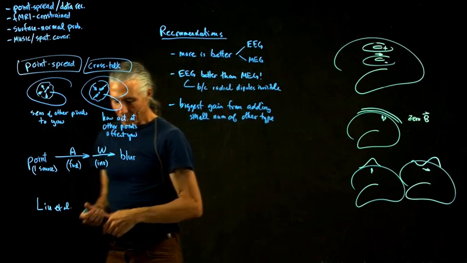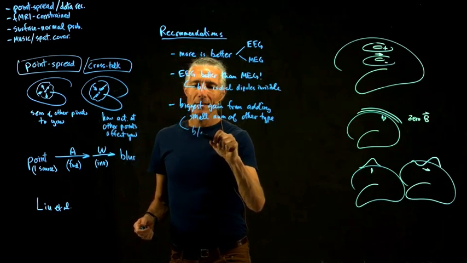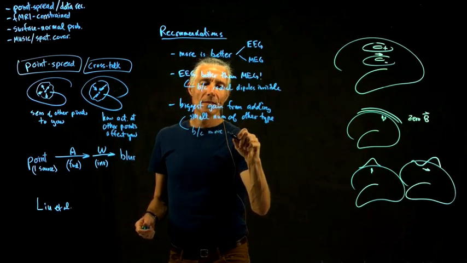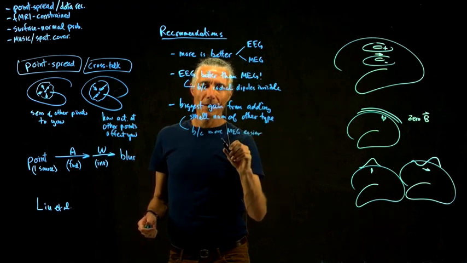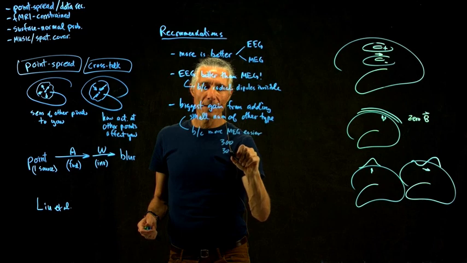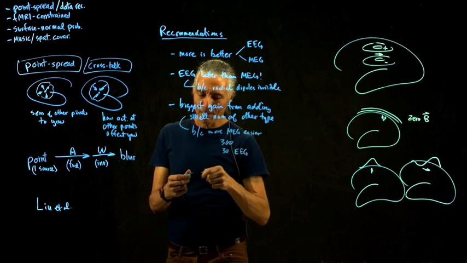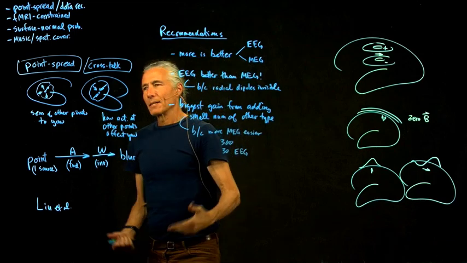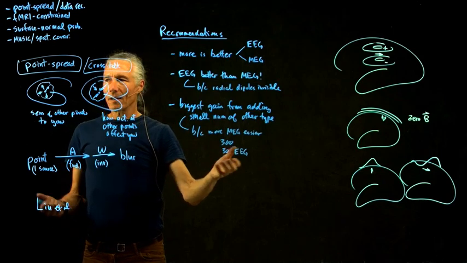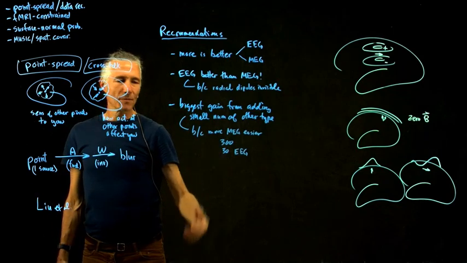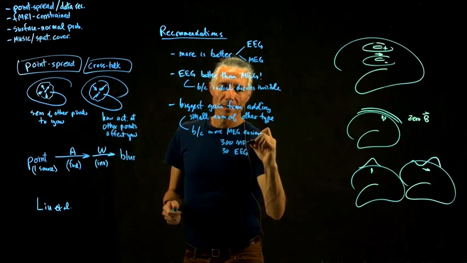Given that more MEG is easier, 300 MEG and 30 EEG is good. You could do a little better with 60 EEG, but it's expensive to put on more EEG electrodes in general, so even just having 30 EEG electrodes makes a huge difference if you're doing combined studies.